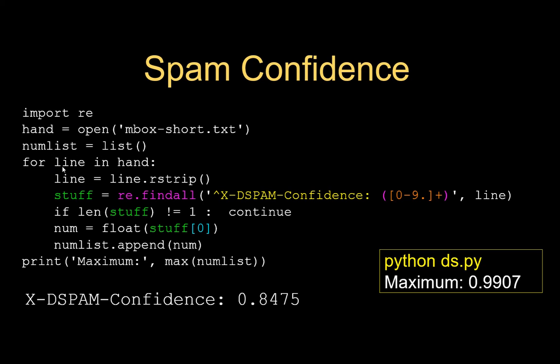We create a for loop, for line in the file. Let's strip the right carriage return, and what we do, we're going to look for the start of the line, which would be the capital S, dash, the spam dash confidence colon, space.